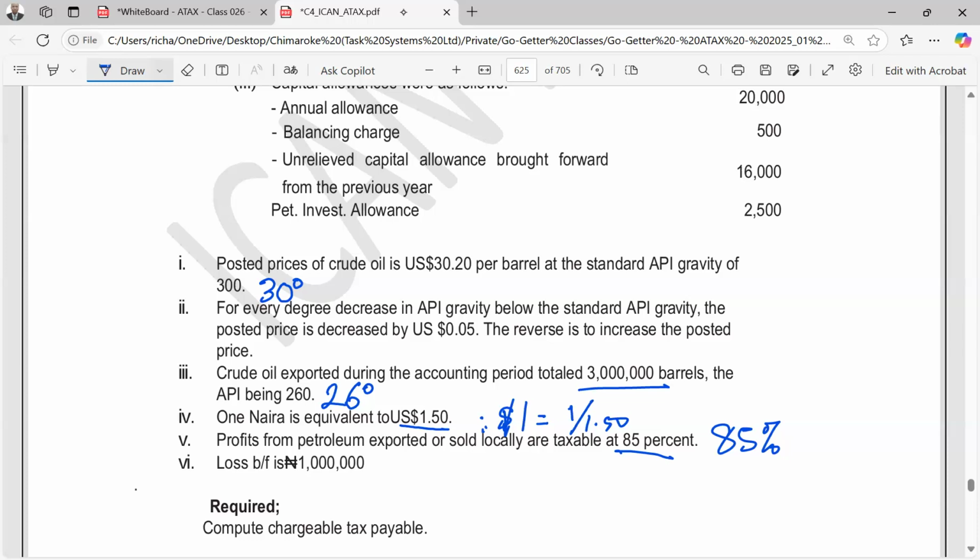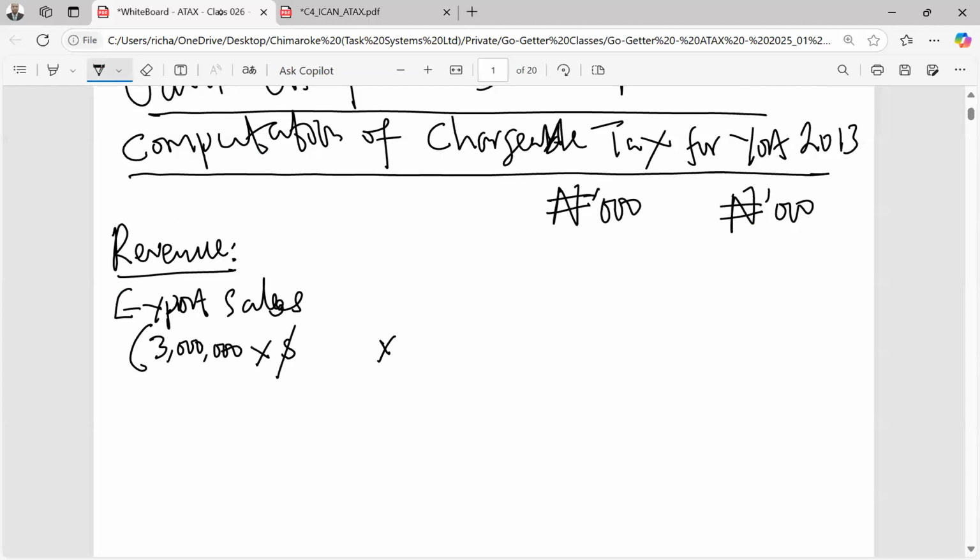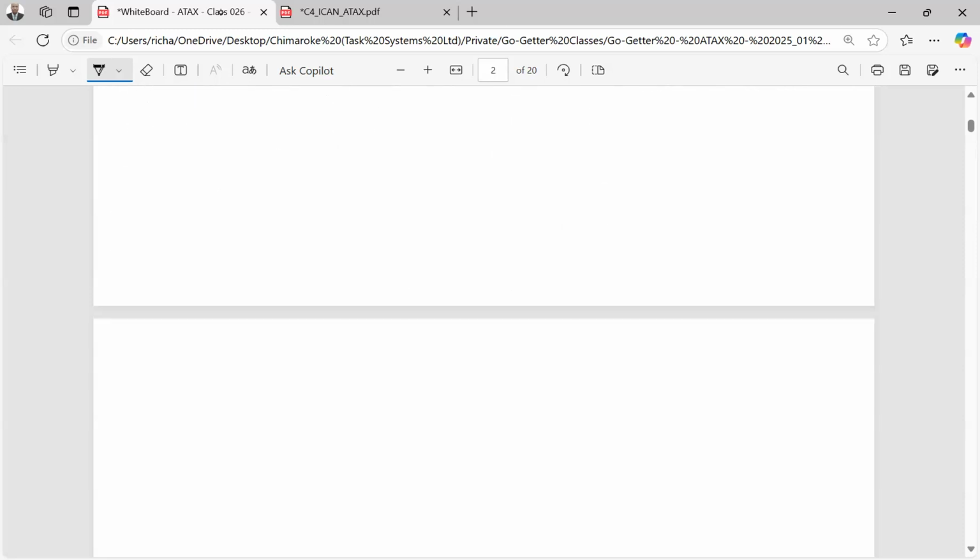So this is in dollar. We want to convert to naira. It will be 1 over 1.50. So that's our conversion from dollar to naira. So now the thing is, what will be here? We don't know here. So we will now go there.